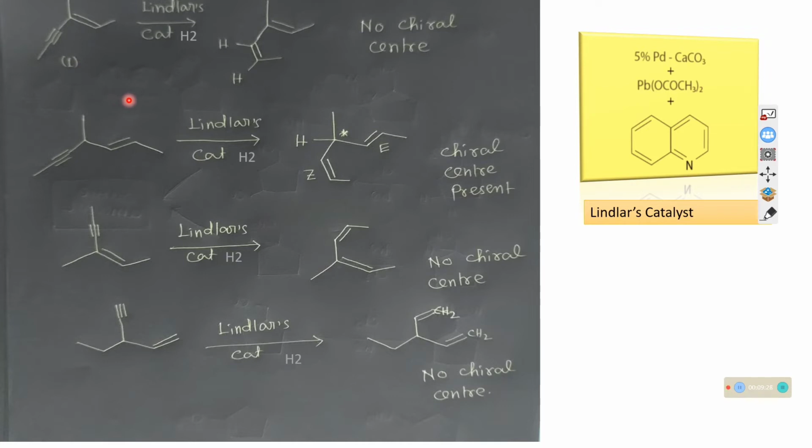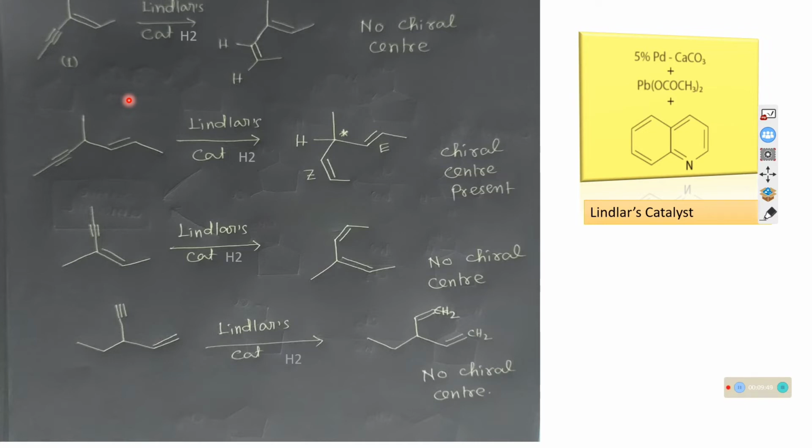But there is one point to be noted: Lindlar catalyst hydrogenates alkyne in such a way that the product alkene is cis, or Z, in nature.